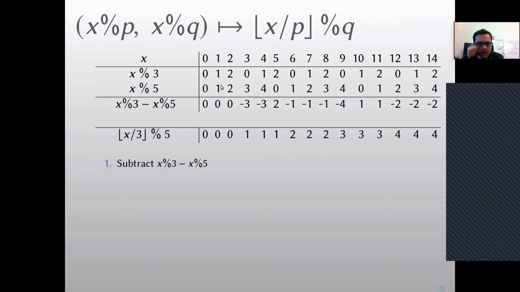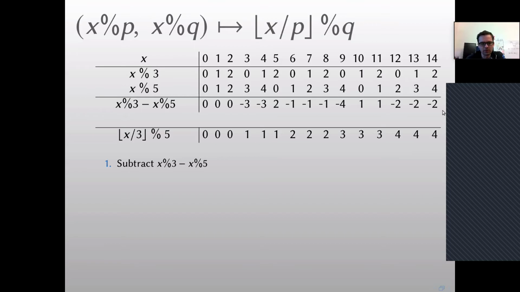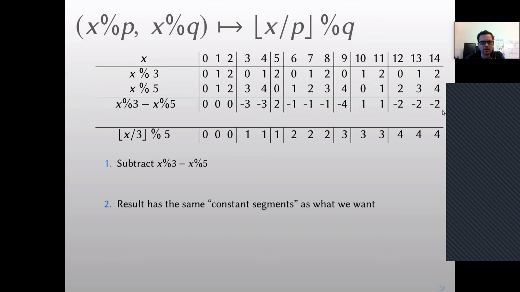If you take x mod 3, that's this second row, and subtract the third row, you get something that looks like this. I'm subtracting them over the integers. And one thing that's nice about this is, look, I'm already done here in the first row. The correct answer was 0, 0, 0, and I got 0, 0, 0 from the subtraction.